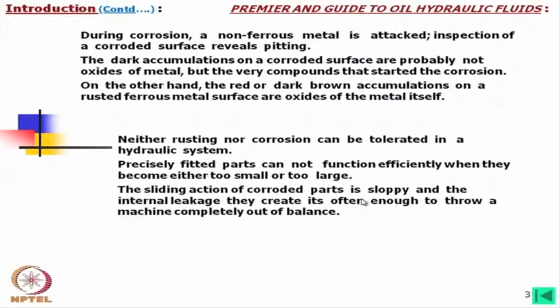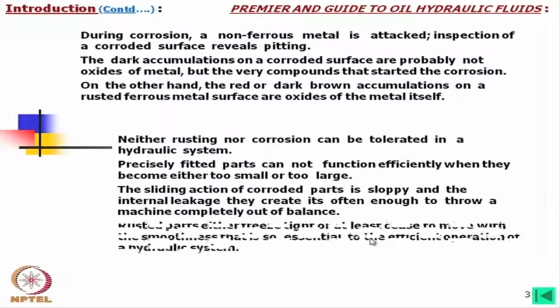The sliding action of corroded parts is sloppy, and the internal leakage that is created is often enough to throw a machine completely out of balance. This means that when corroded parts become loose, they may cause leakage. Then performance deteriorates very rapidly, and the question of rejecting those components also comes up.